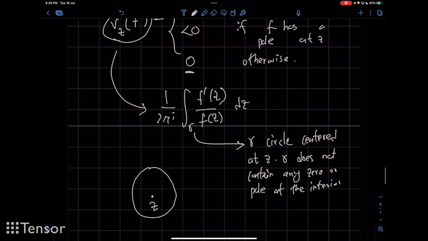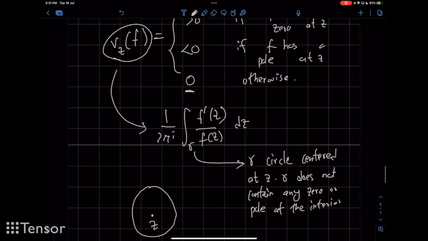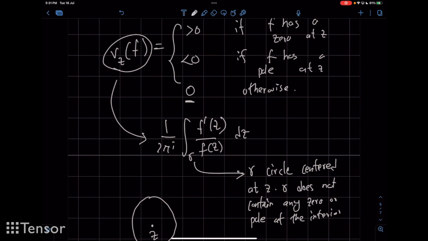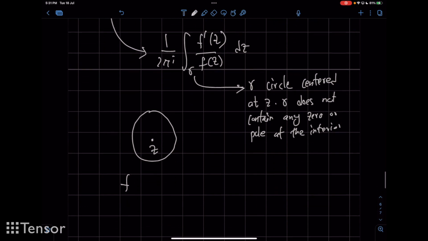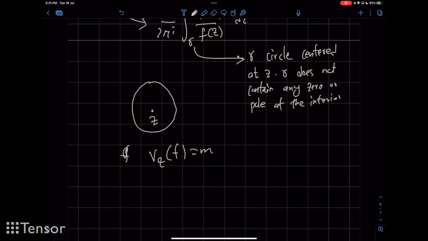Also, let's say the zero or pole at z is of order m, where m now can be any integer. If it's negative, then f has a pole at z. If it's positive, f has a zero at z. Then we can write f(w) as the sum of a_n (w minus z) to the power n, but n starts from m, right?